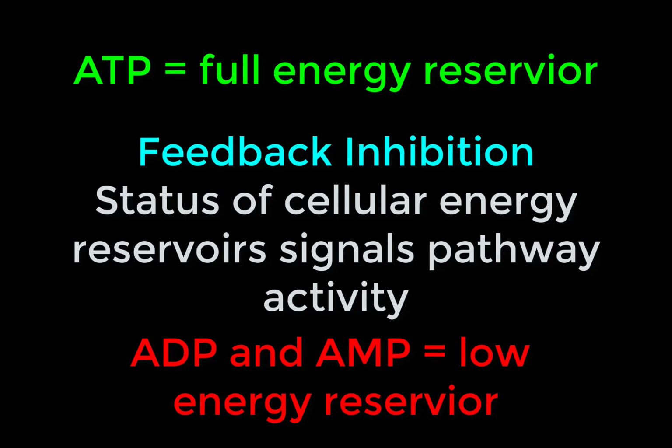So these two coupled pathways, glycolysis and gluconeogenesis, need to be able to respond to those concentrations of metabolites. And the way this works is through a process known as allosteric regulation. So let's first explore how this idea of allosteric regulation of enzymes works.